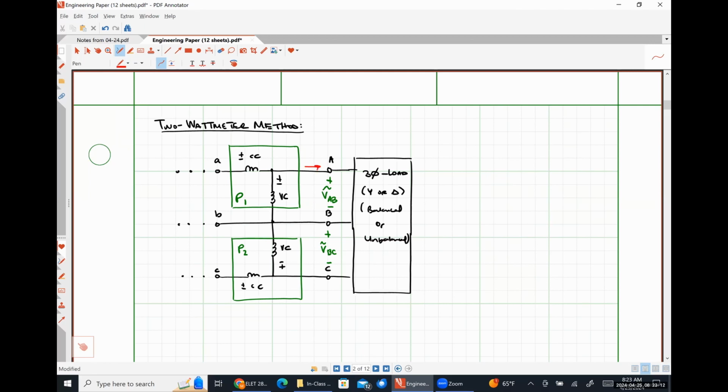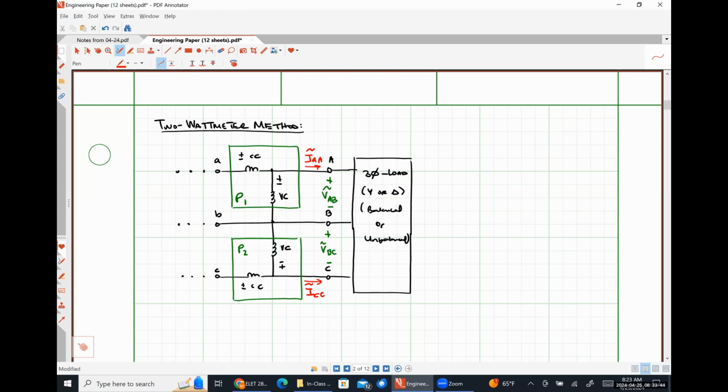Current coil is measuring the line current IAA and ICC. So these 2 watt meters are set up to be measuring line voltages and line currents, right? So we don't need anything for phase voltages and phase currents. Doesn't matter at all. Okay.